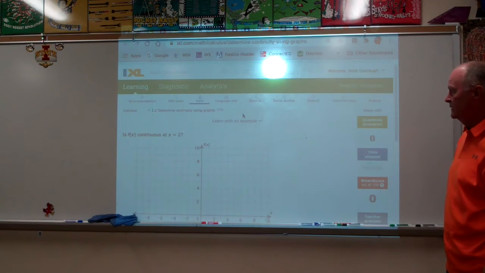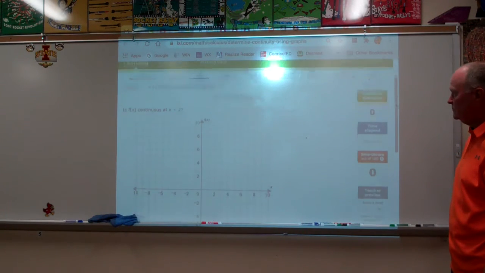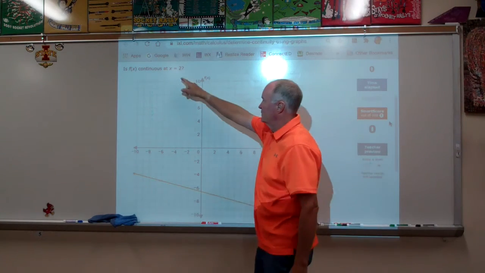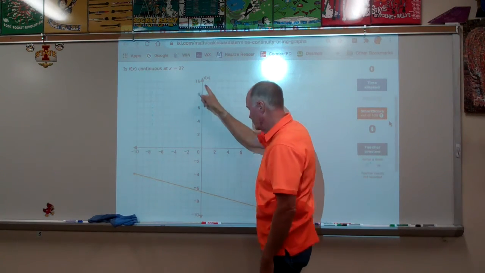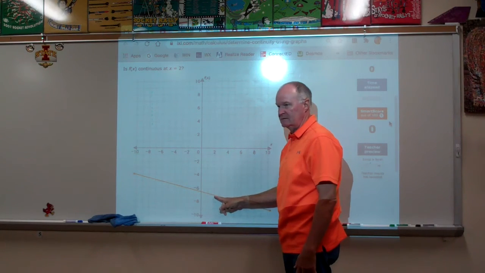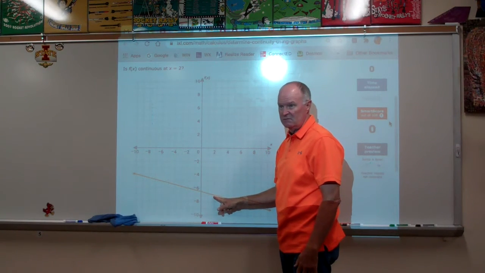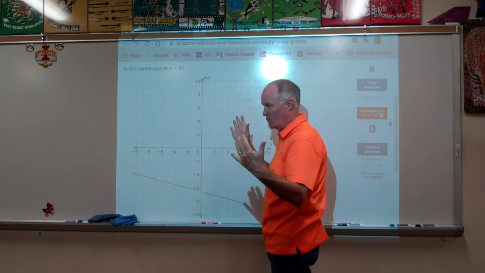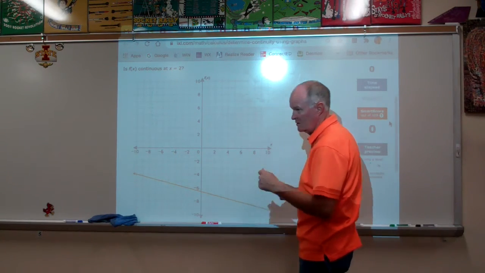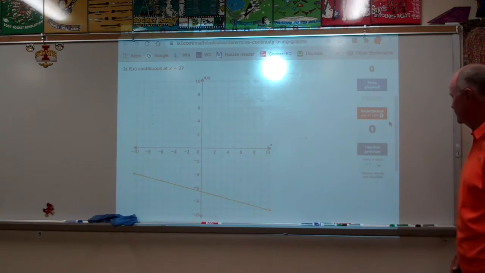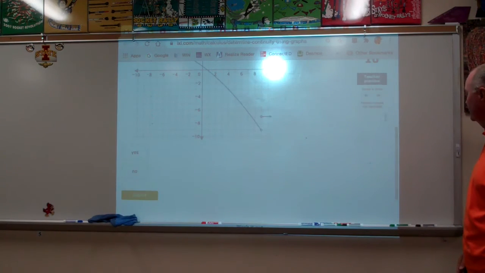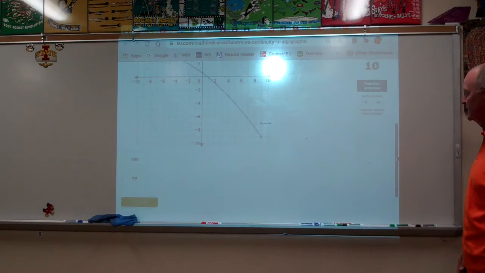The second one is going to specifically say at an x value. So go to, in this case, 2 for x. Is it continuous there? Yeah. Is there a line there? Is there open dots or jumps or some weird stuff? If there's some weird stuff, you say no. So it's still a yes or no, but now you're going to an actual x location. Let me go a little farther so you can see it.